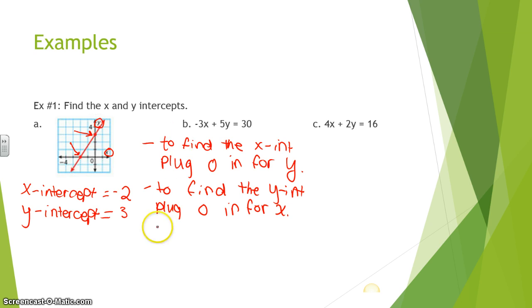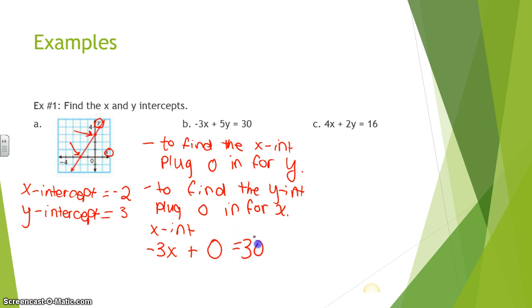So we're first going to find the x-intercept. I'm going to use the equation -3x plus 10y equals 30. Now, to find the x-intercept, we're plugging 0 in for y. So I'll plug in 0.